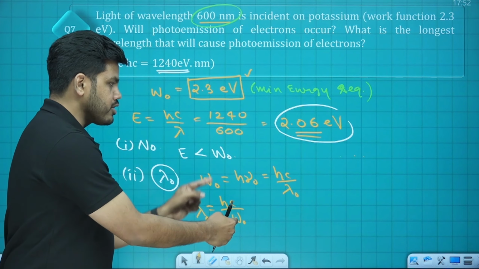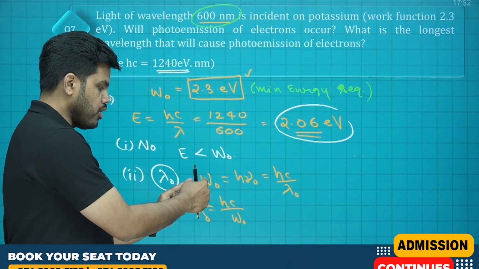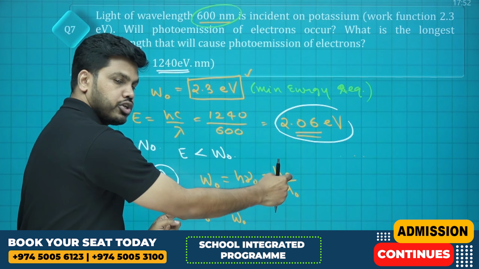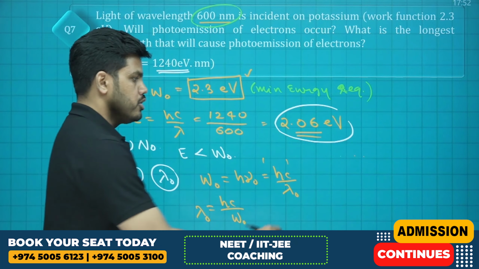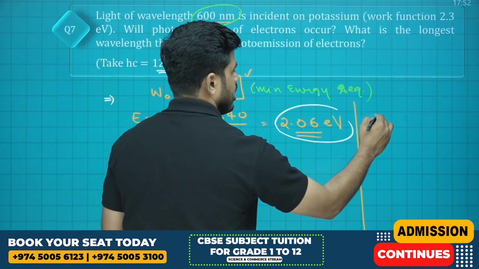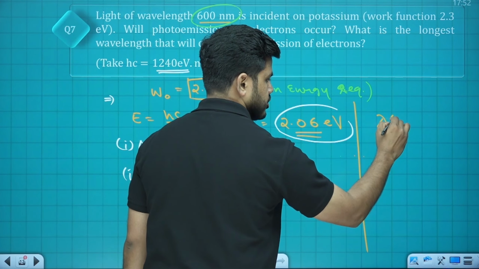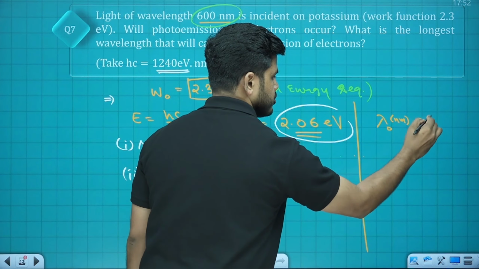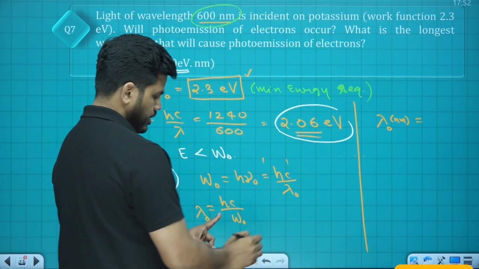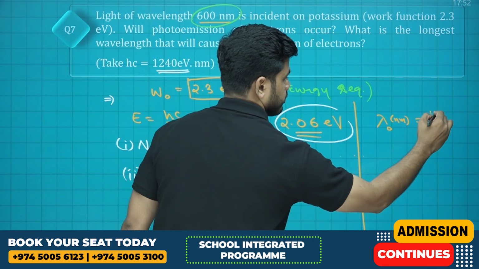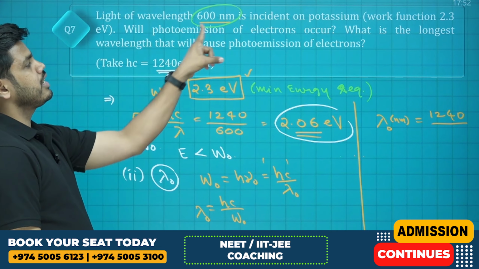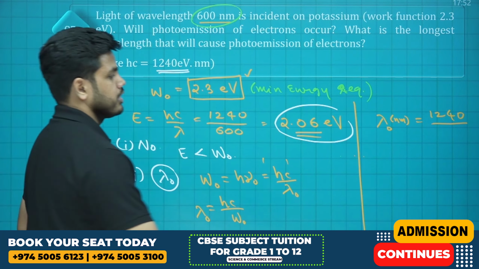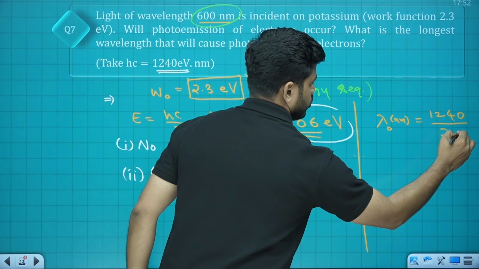You are given the work function in electron volt, so hc can be 1240. If you want lambda naught in nanometer, lambda naught is equal to 1240 divided by the work function in electron volt, which is 2.3.